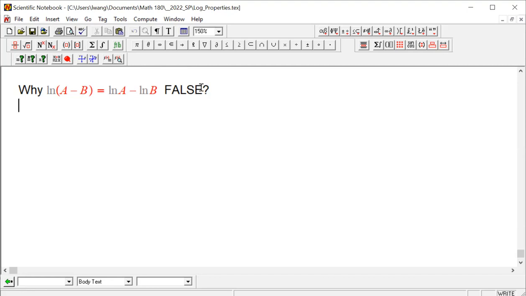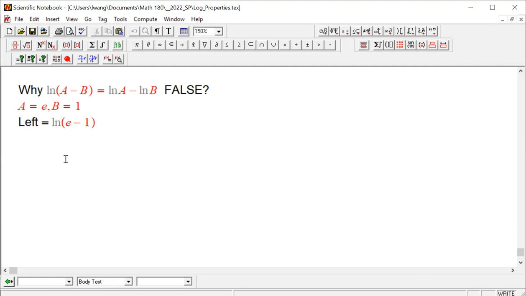In this case, I'm going to choose A equals e and B equals 1. We want to keep it simple. On the left-hand side, it's natural log of e minus 1.